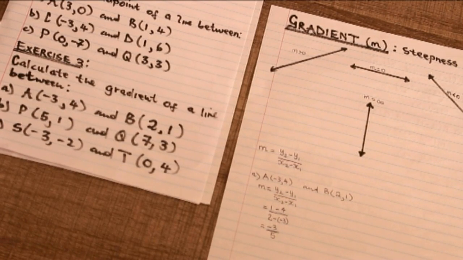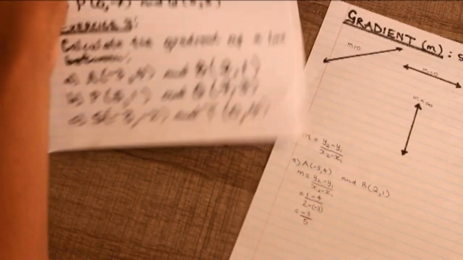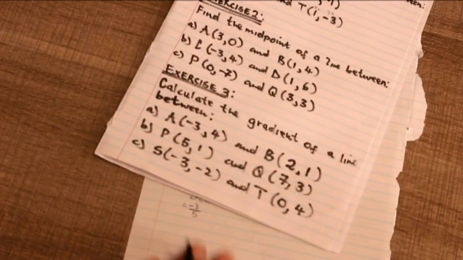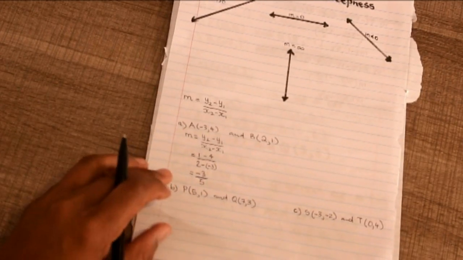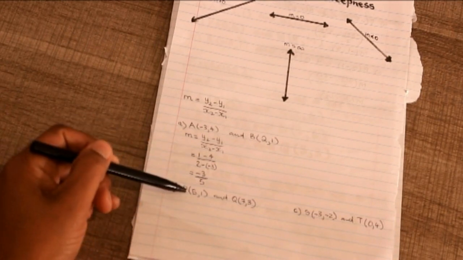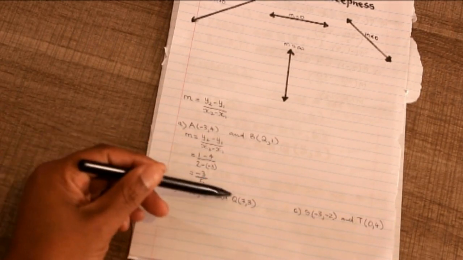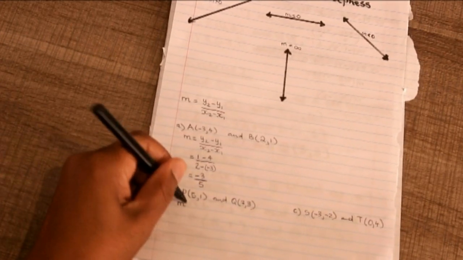So I'm going to give you 2 minutes to do B and C. Pause the video and then do B and C, and then we'll come back and solve that one. Okay, let's see how you have done your B and C. You were supposed to find the gradient of a line between P and Q. Let's see if you have done it correctly.